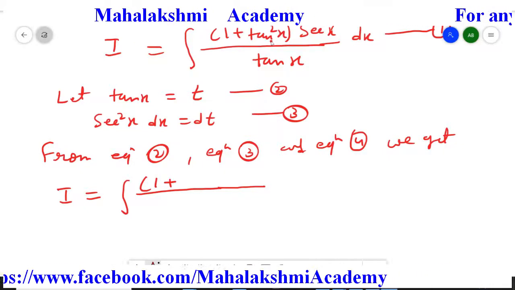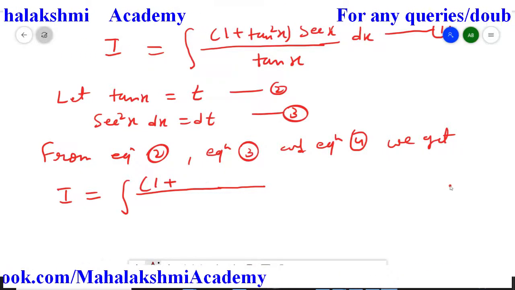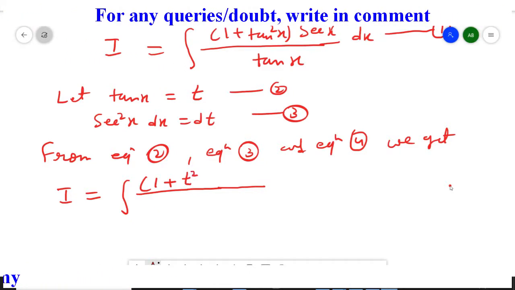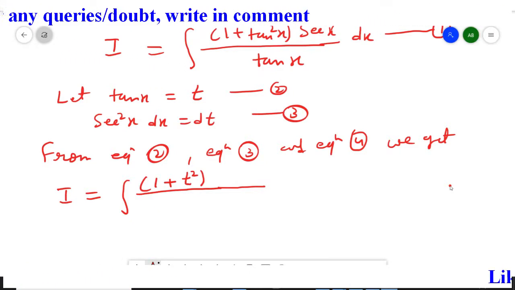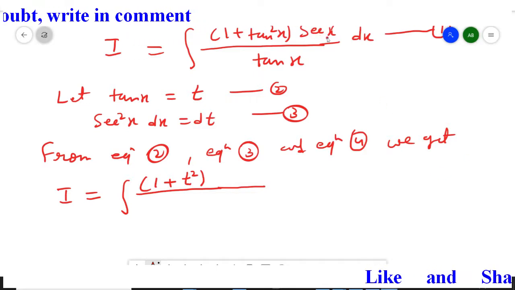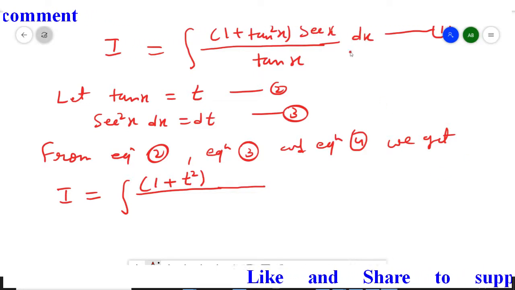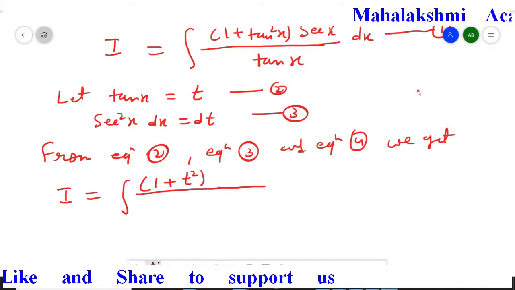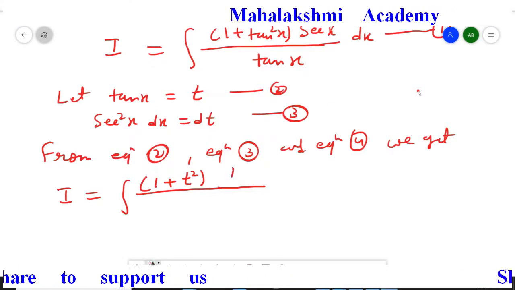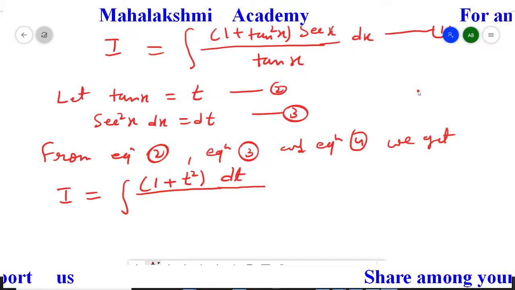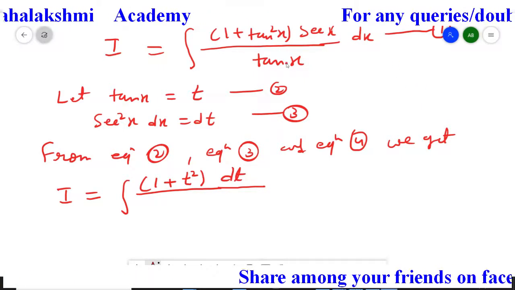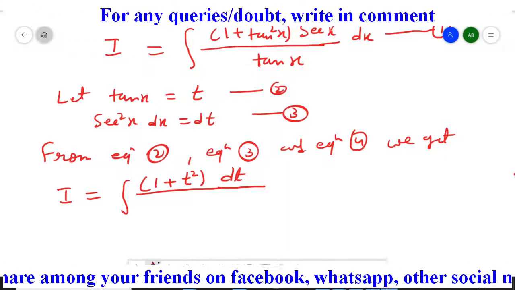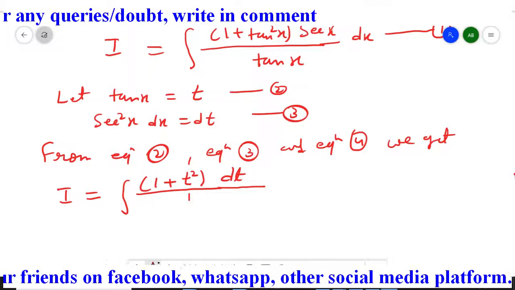So here we have to write down only t square, then bracket close, and sec square x dx. This sec square x dx is dt. So instead of sec square x and dx, we write down only dt. And here we have tan x, and tan x is t. So it's going to be t.